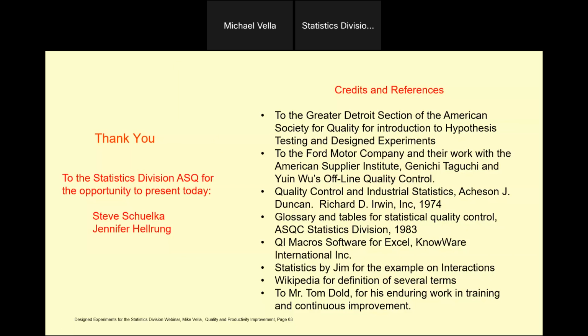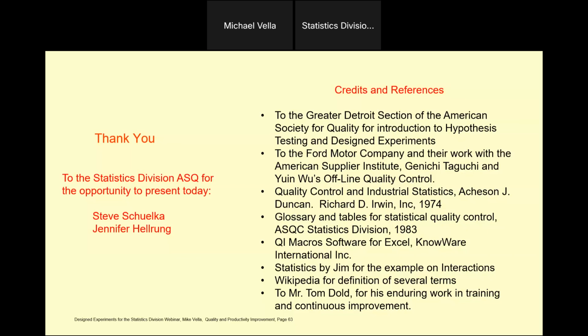Well, it's a good question. Thank you very much. When you set up the experiment, what you want to do is ask the engineers what is the widest range that you would anticipate the process should run at, and take those high and low levels.